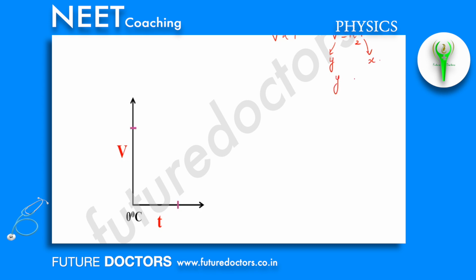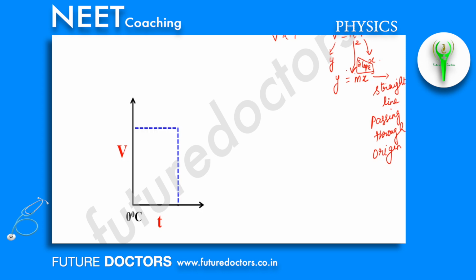This graph is of the form y is equal to mx, so it is a straight line passing through origin. The slope will give you the value of K2, the constant in Charles' law.